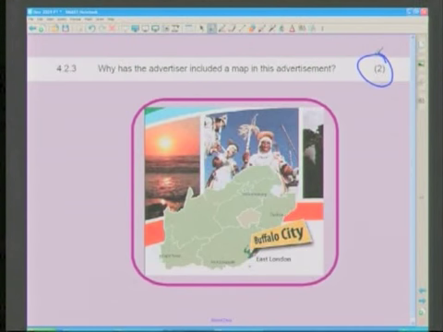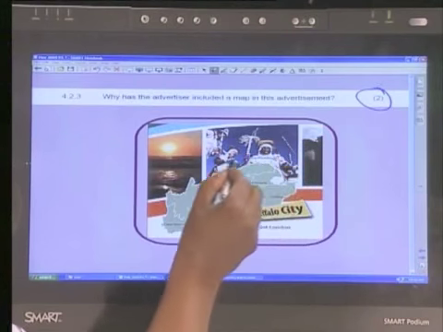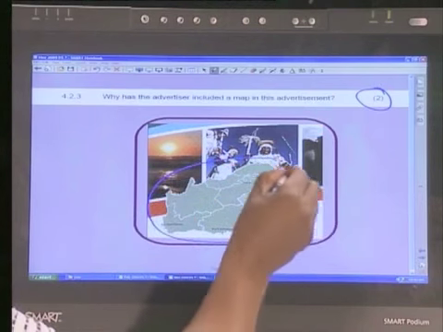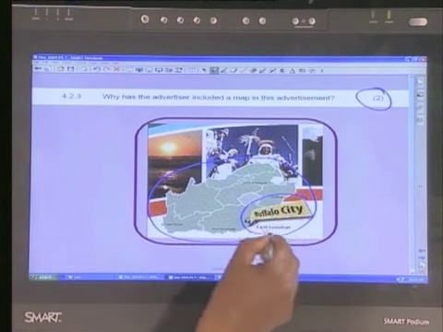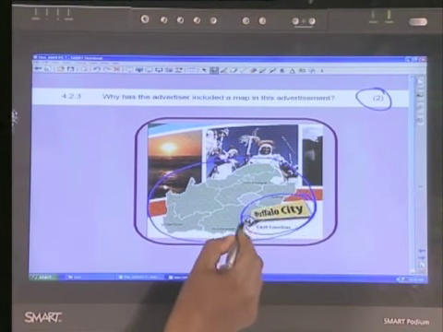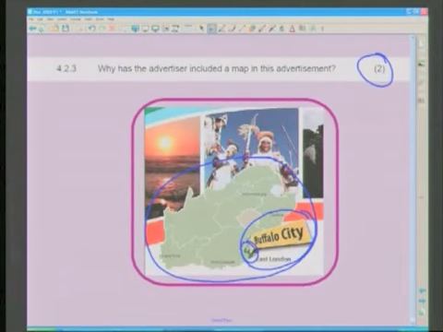Now, if you look at this map, what does it tell you about this advertisement and why is it included? Look also at this, and there's a pointer there. What does it tell you? It goes without question that this map has been included in the advertisement to show you exactly where Buffalo City is.